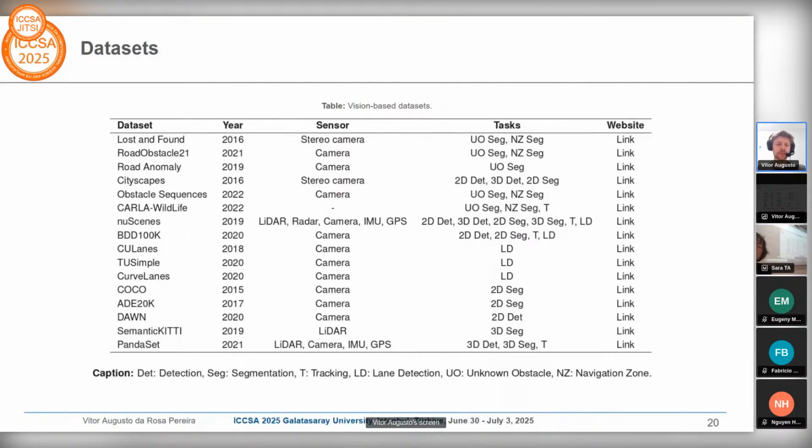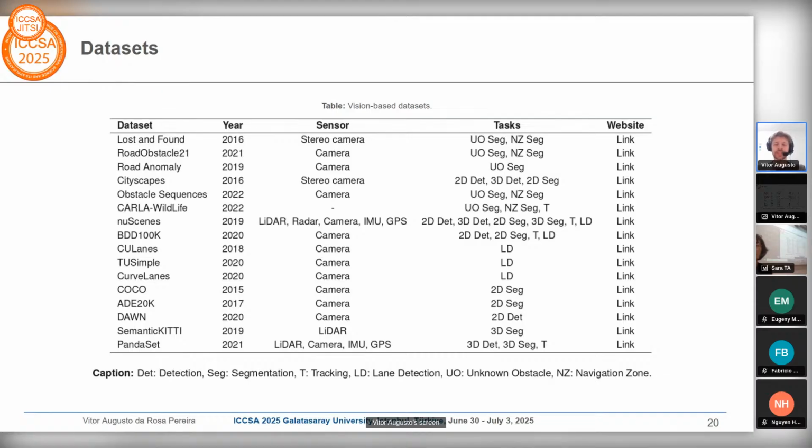Some datasets employed more sensors like LiDAR, radar, IMU, and GPS units, for example, nuScenes and PandaSet. And there are also many tasks annotated by these datasets, for example, non-obstacle segmentation, navigation zone segmentation, 2D and 3D detection, 2D and 3D segmentation, object tracking, and lane detection.